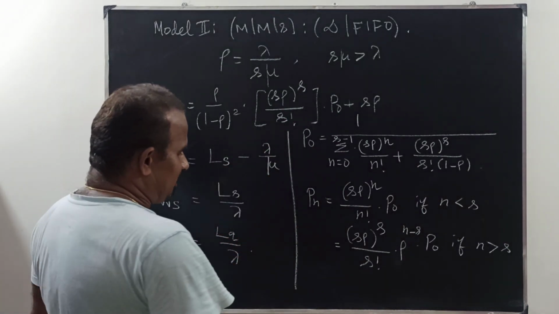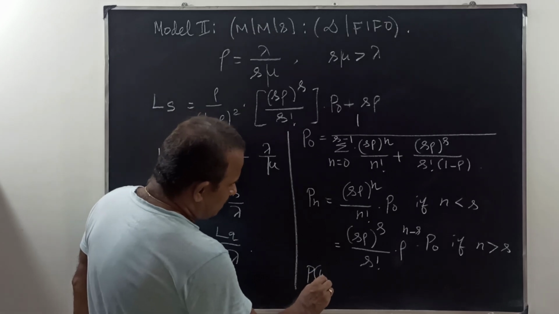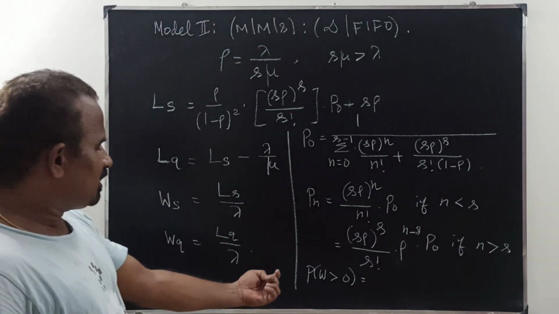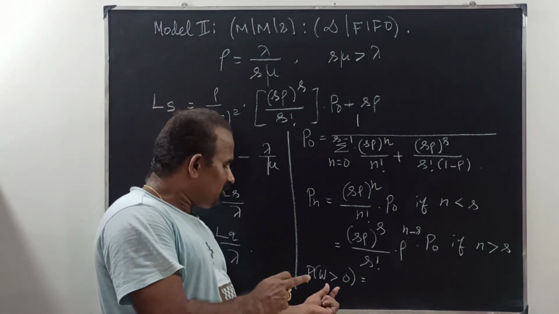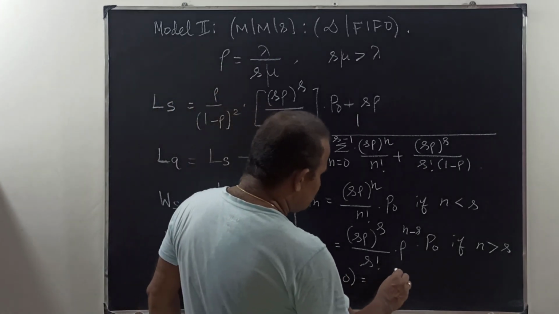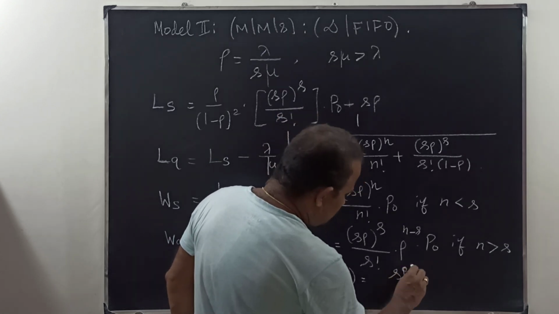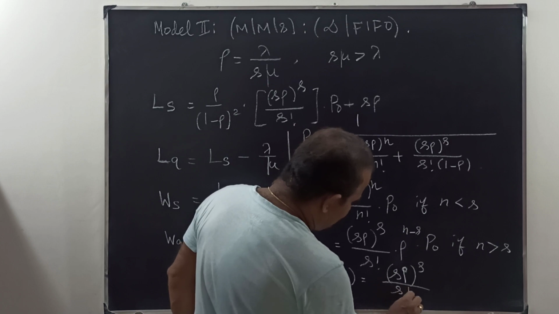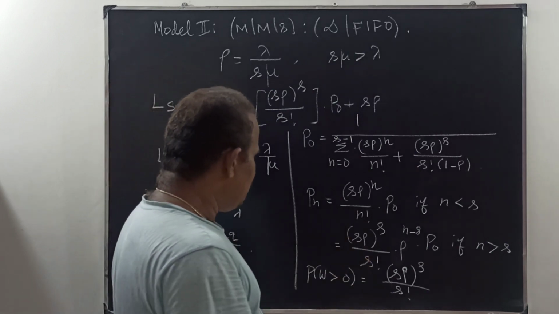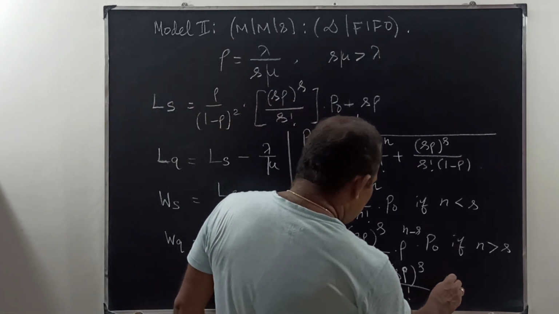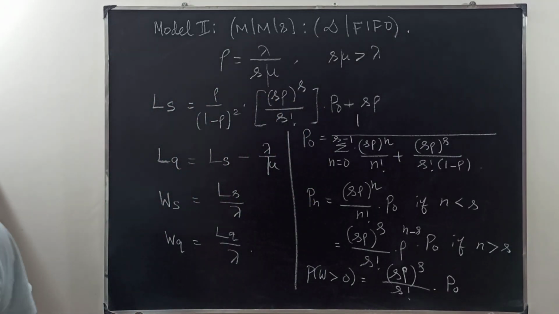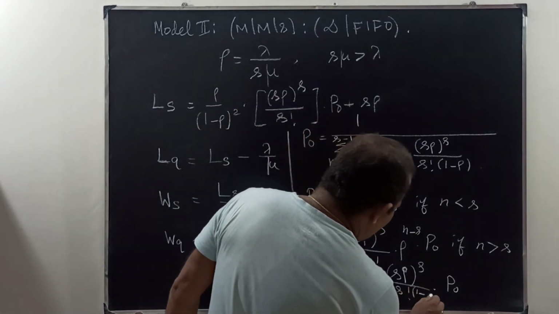And one more formula is the probability of W greater than 0. This is the probability that a customer has to wait. It is equal to (S rho) the whole power S divided by S factorial, divided by (1 minus rho), into P naught.